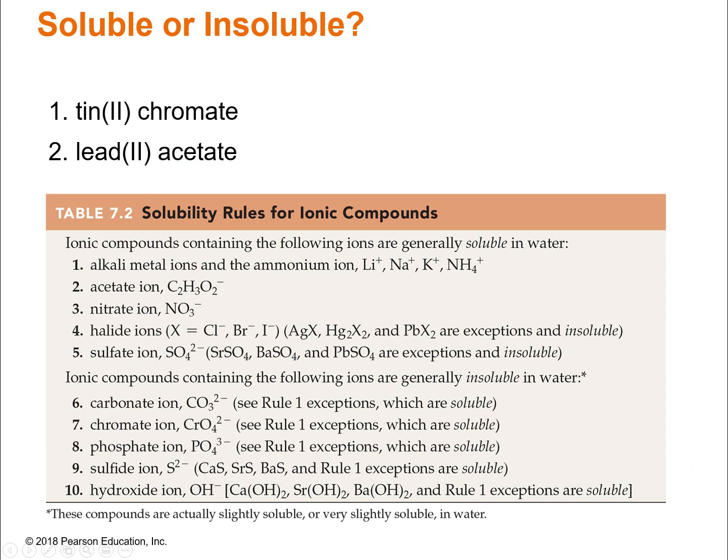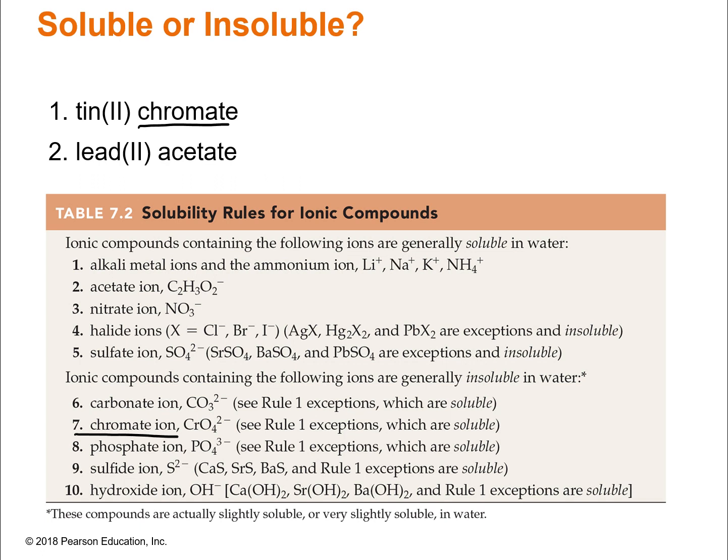I'll do the first one with you, and then I want you to do the second one. We have to figure out if tin 2 chromate is a soluble or insoluble compound. And we're talking about soluble in water. I look at the name, tin 2 chromate, and I identify an ion that I see on my solubility rules chart. Chromate. That's on here.